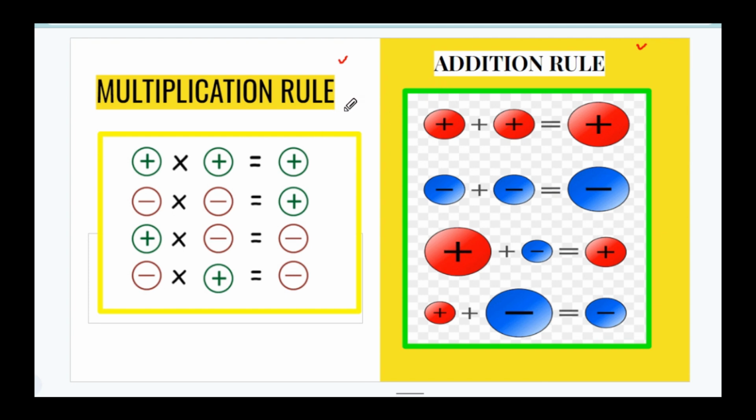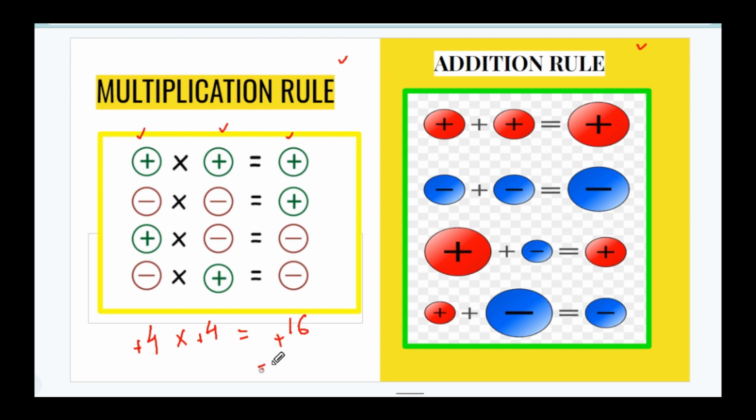So look at the multiplication rule. Look here carefully. This is a plus number, meaning a positive number. This is a positive number. So your answer is going to be a plus number. For example, if I have 4, that means plus 4, and I have 4, that means plus 4, so my answer will be 4 times 4, 16, and the sign will be positive.